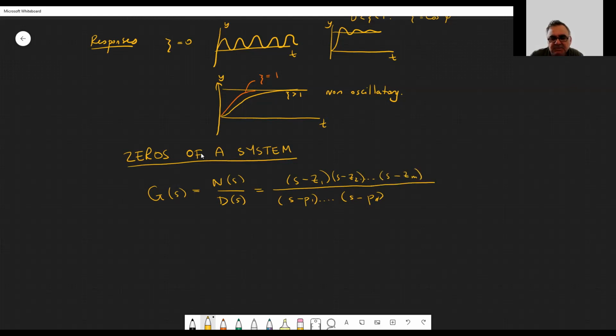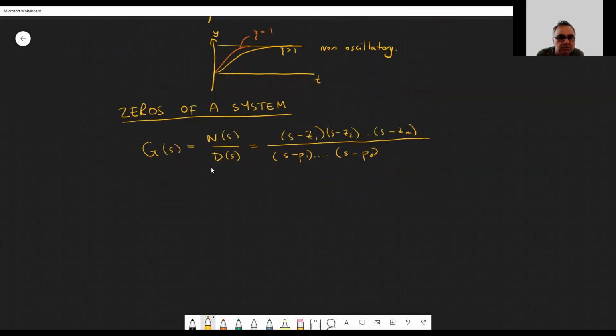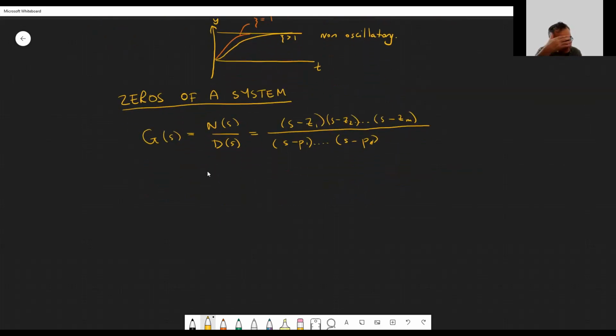But in these systems we didn't really have zeros. Zeros are kind of important, not as important as the poles of the system, but the zeros of a system are important. They affect the transient response, and some systems have zeros.